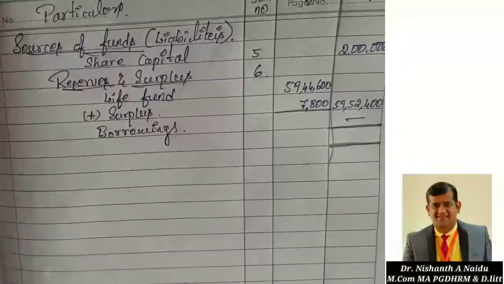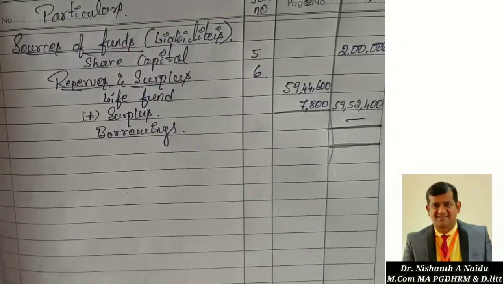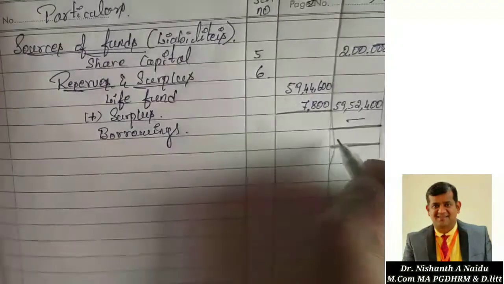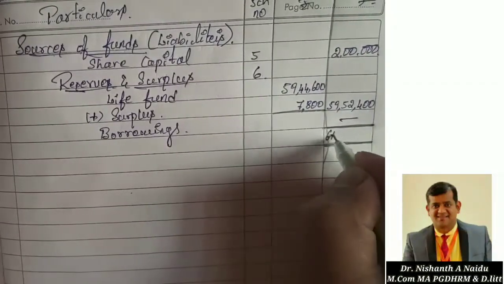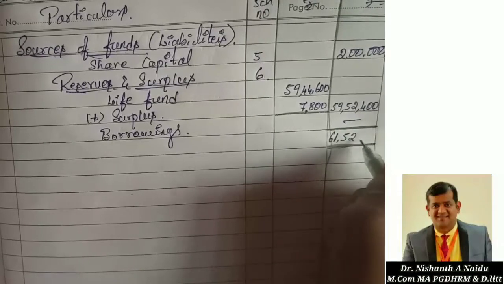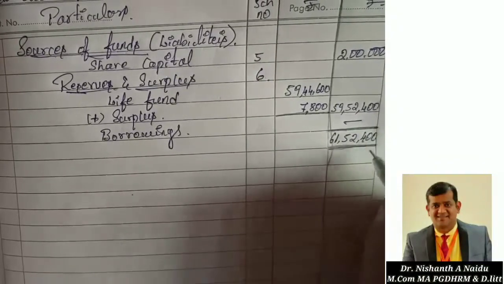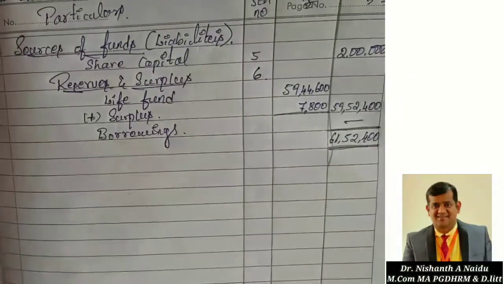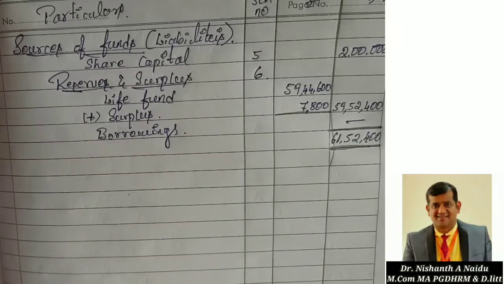Check now: 2 lakh plus 59 lakh 52,400 rupees. That comes to 61 lakh 52,400 rupees. Okay, fine.